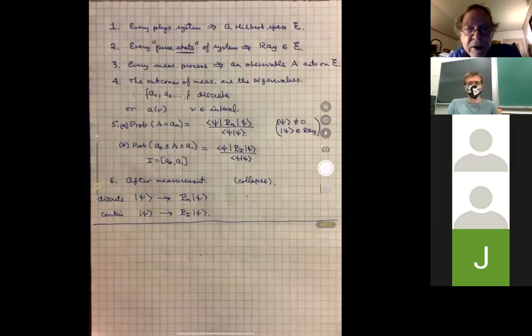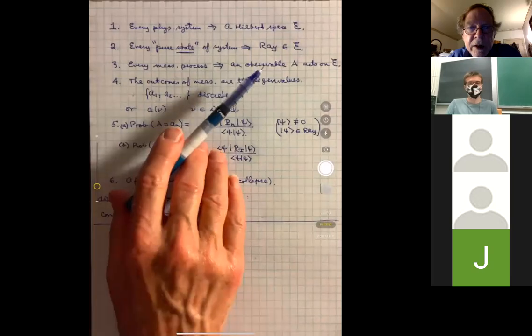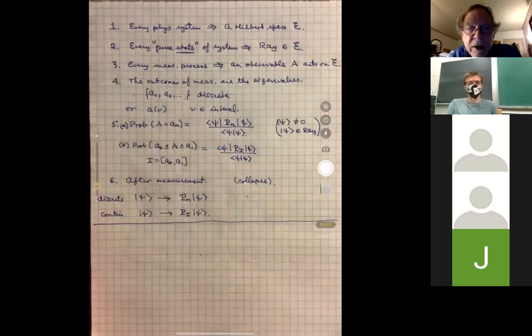So what this means is that the state of the system, this ray, which gives you the pure state of the system, is not describing the state of an individual realization of a system or an individual measurement. It's rather describing an ensemble of systems. It's characteristic of the ensemble.